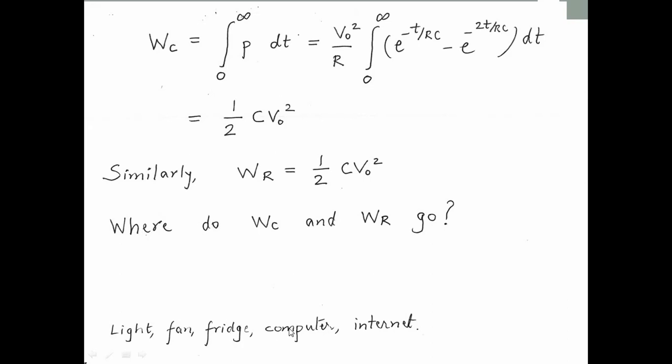What does a computer do with the energy? The computer uses the energy to perform operations that do various kinds of things, such as this video or calculations, programs, etc. But where does the energy go?